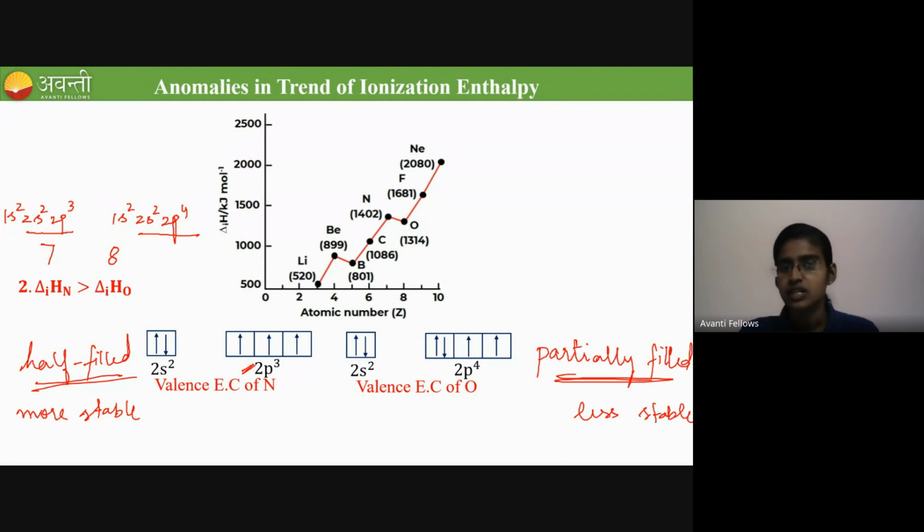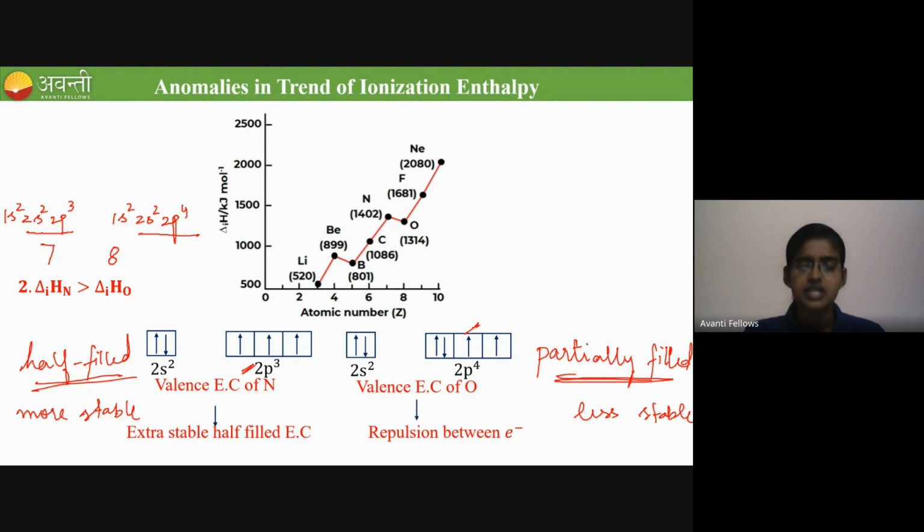So nitrogen requires a higher amount of energy for the removal of its valence electron. Nitrogen has the extra stable half-filled configuration, and the ionization energy of nitrogen is more.